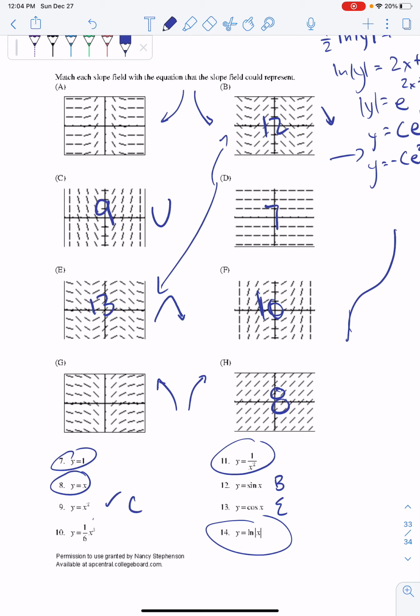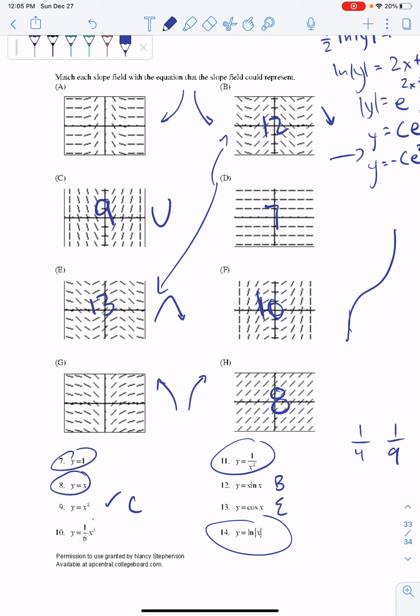If I put in a positive number into 1 over x squared, I'm going to get a positive slope, right? I'm going to get like 1 over 4 or 1 over 9.